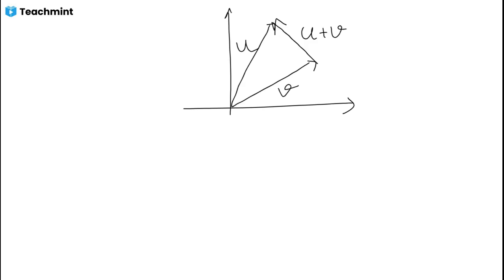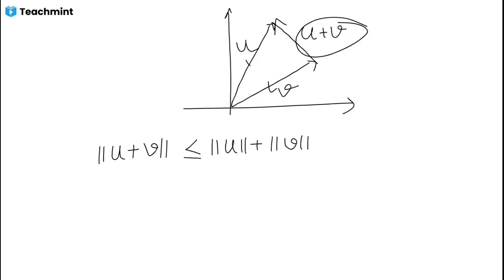So the norm of u plus v is always less than or equal to the norm of u plus the norm of v, because the sum of their individual lengths is greater than this one. We add vectors in this way only, just joining their ends. So this is the triangle inequality. You got it? Yes, ma'am.